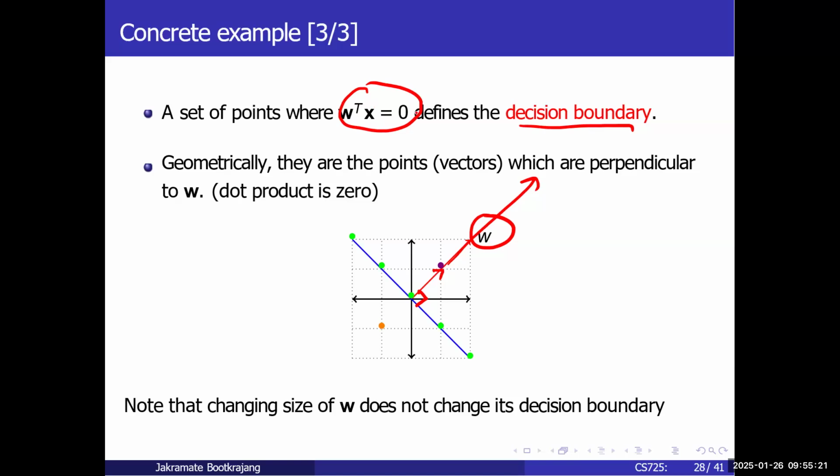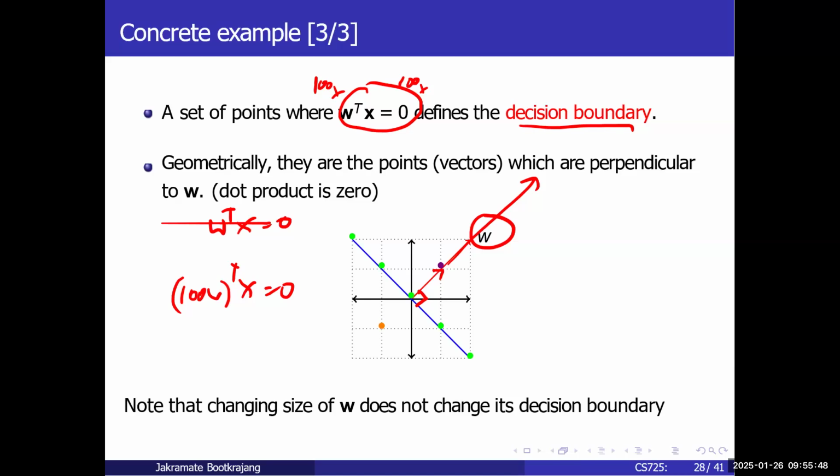If the dot product is 0 and you multiply by 100 on both sides, you still get 0. So if W transpose X equals 0, then 100 W transpose X will also be 0. The size of your vector doesn't matter; it has the same decision boundary.